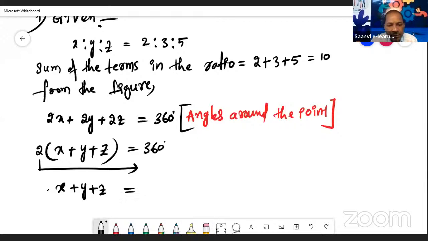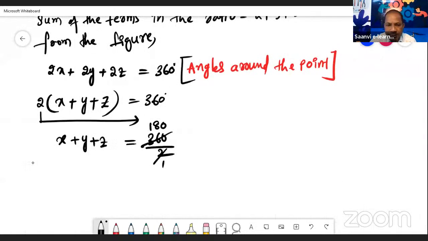So X plus Y plus Z is equal to 360 by 2. When we simplify this, 2 ones are 2, 2 18s are 36, 0 as it is. So X plus Y plus Z is equal to 180 degrees we have got.